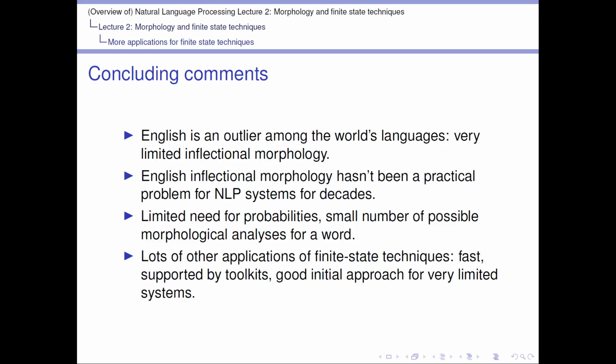We don't even need probabilities. In the scenario where we had those 3 different possible outputs for boxes, you could imagine putting probabilities on the different arcs in the finite state transducer. We don't even end up having to do that very often because there isn't that much ambiguity in terms of how to break it down, or because of the stems when we look them up in the lexicon.